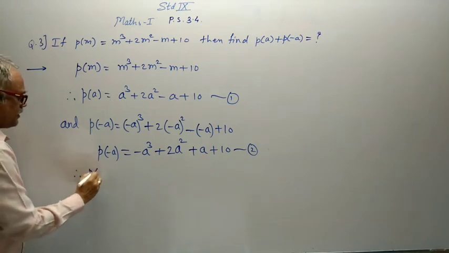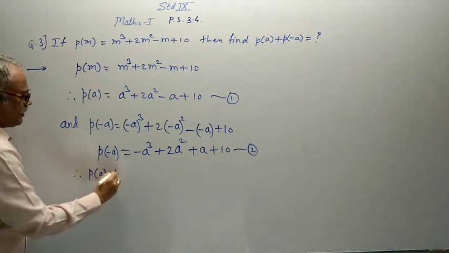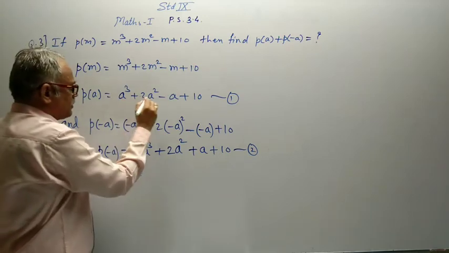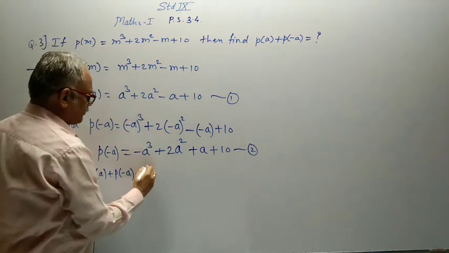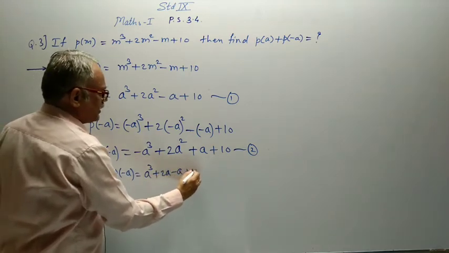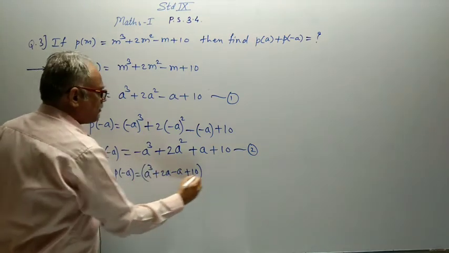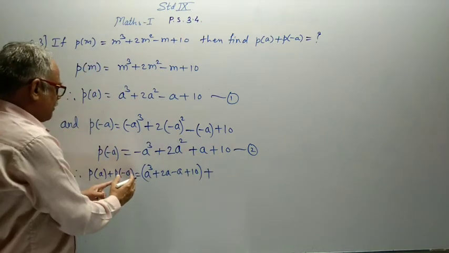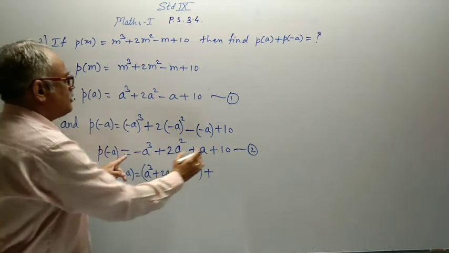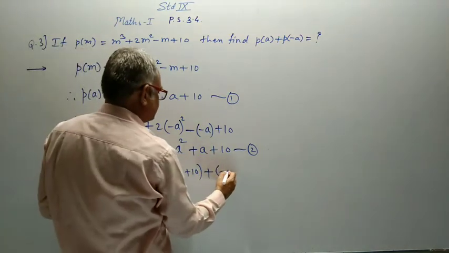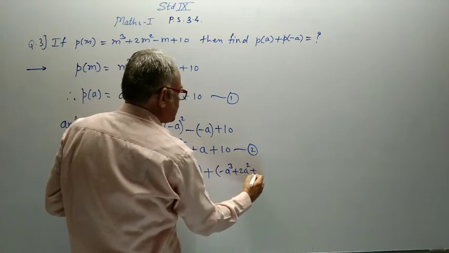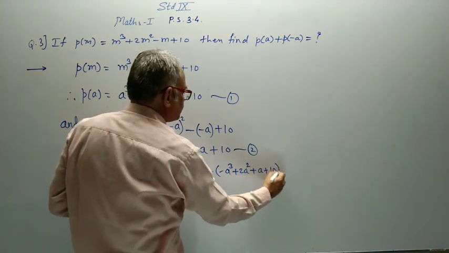Therefore, P of a plus P of minus a equals a cube plus 2a square minus a plus 10 in one bracket, plus the P of minus a value in another bracket: minus a cube plus 2a square plus a plus 10.